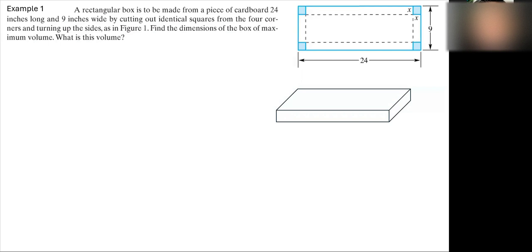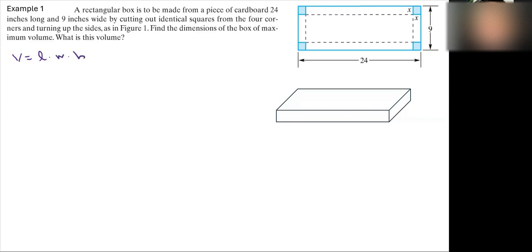Basically we have this cardboard box, it's 24 inches by 9 inches, and at each corner a square has been cut out. Our goal here is to find the dimensions of the box as well as the volume of the box. So first, let's write down the formula for the volume of the box. It's going to be the volume equals the length times the width times the height.